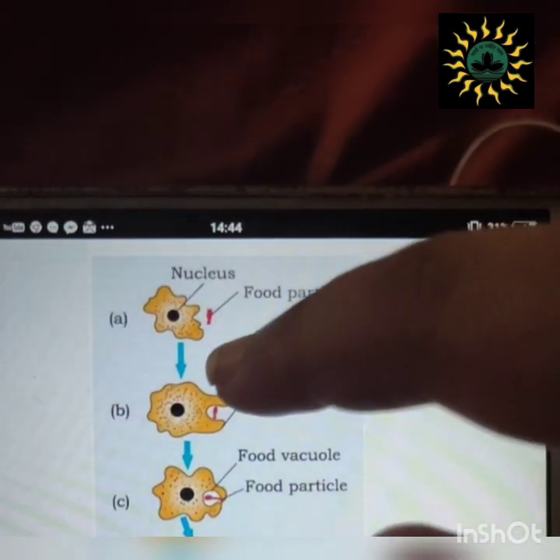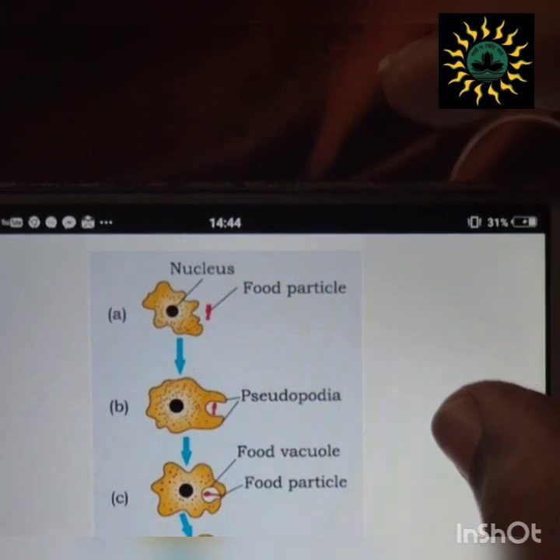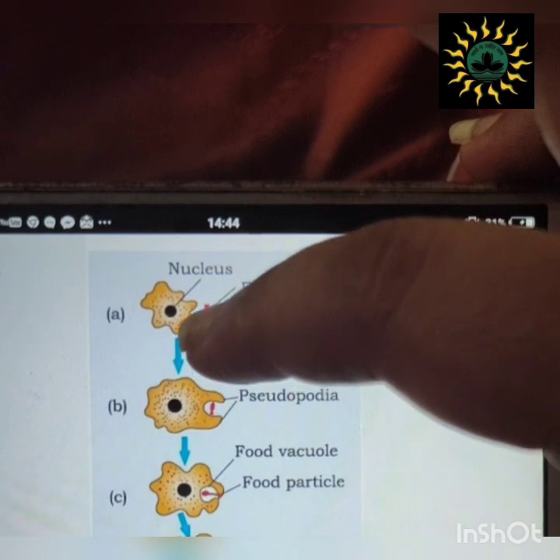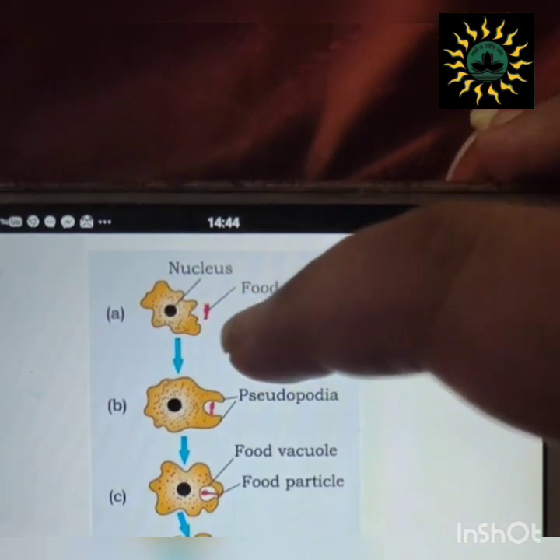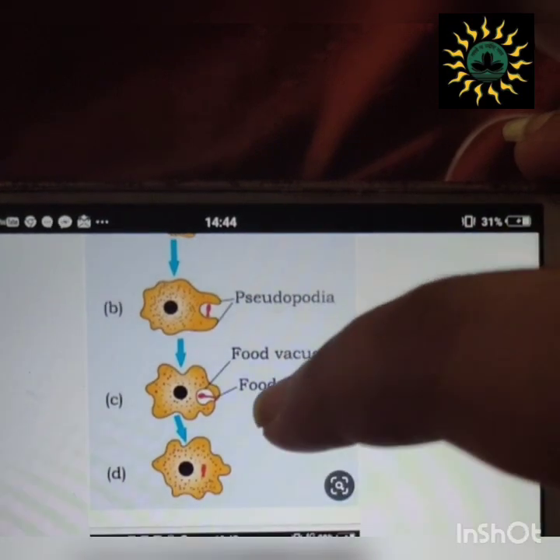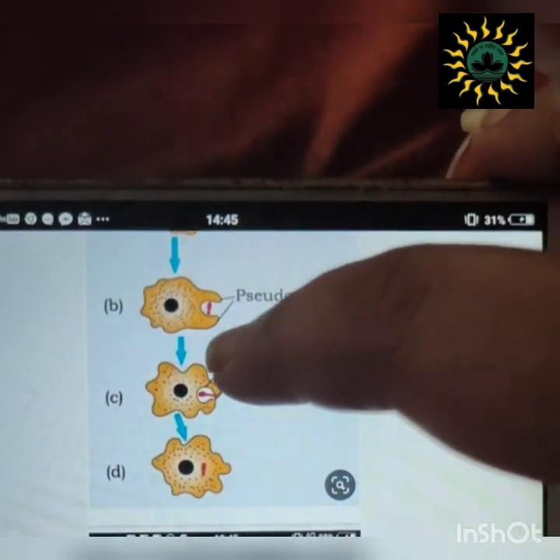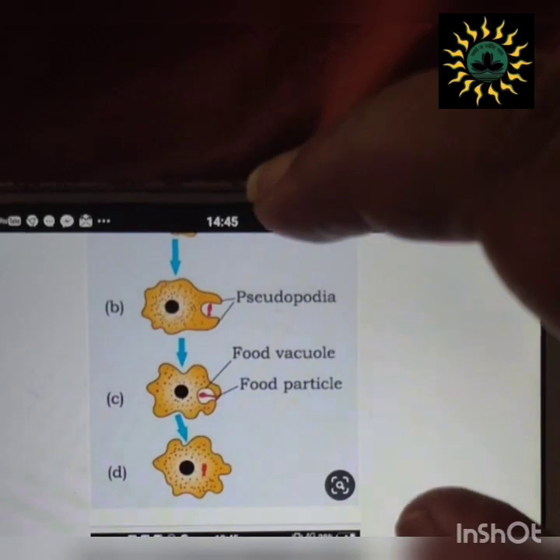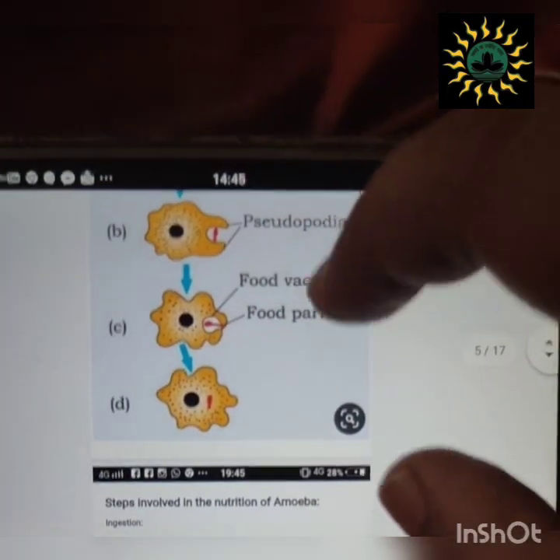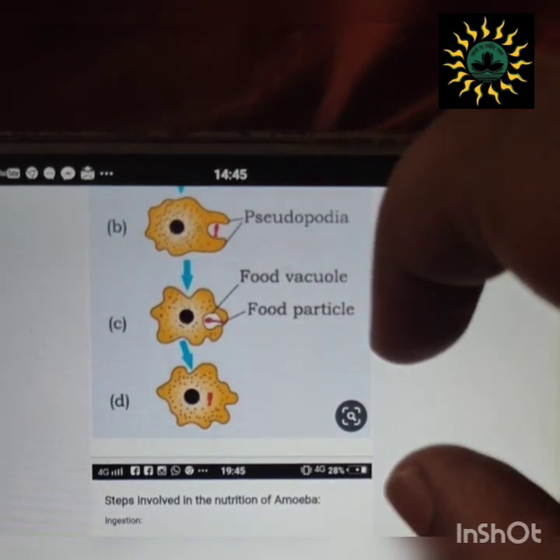Now, you see amoeba has false feet-like projections called pseudopodia, and the amoeba is moving towards the food particle with the help of pseudopodia. Once it reaches the food particle, it captures it, encapsulates it, and this process is known as phagocytosis.